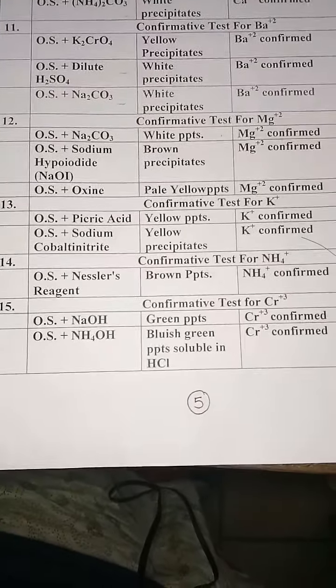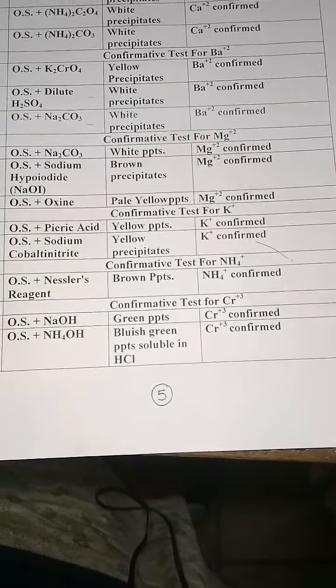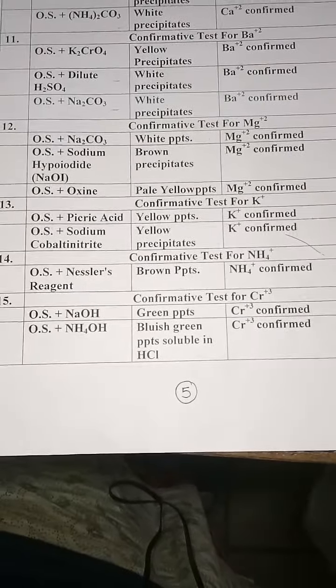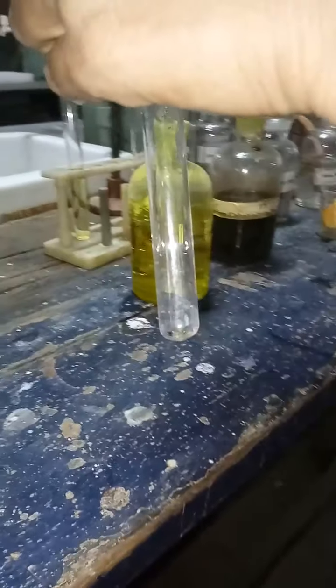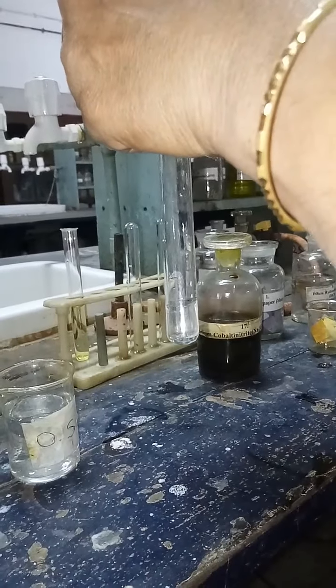Next we will do confirmatory tests for K+. The first test is OS plus picric acid. You take OS and add picric acid.